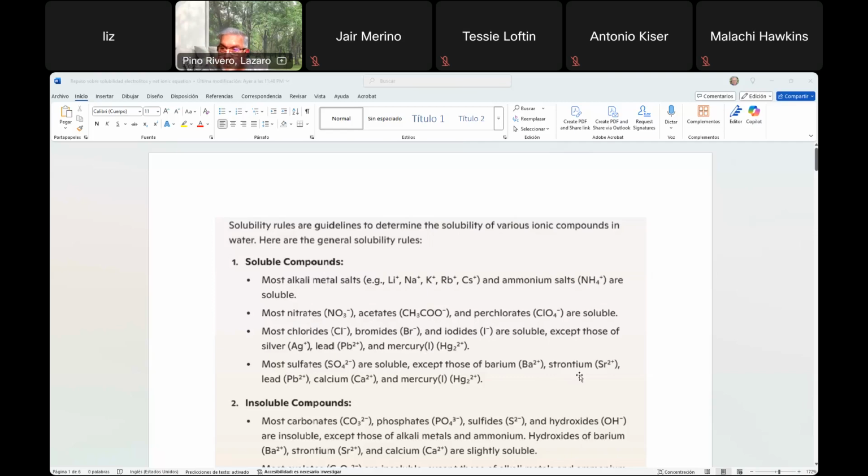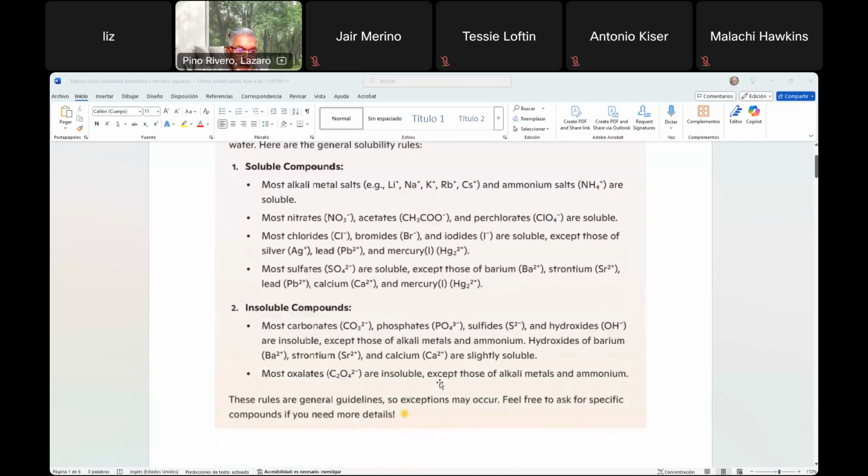All right? And completely insoluble are carbonates, phosphates, sulfides, and hydroxides.